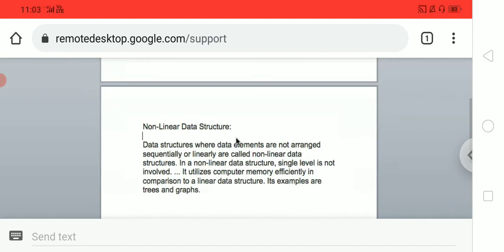Each node can be interlinked with others, so these come under linear data structures. But when we discuss nonlinear data structures, the data elements will not be in close relation.